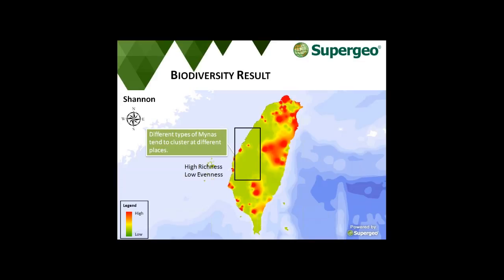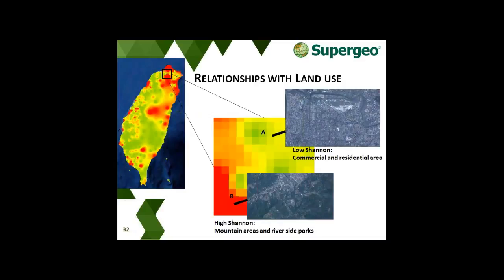How about the relationship between mynas and land use? Let's take a closer look at northern Taiwan. In zone A, you can see the Shannon index is relatively low, and we find that the land use in this area is mainly commercial and residential.